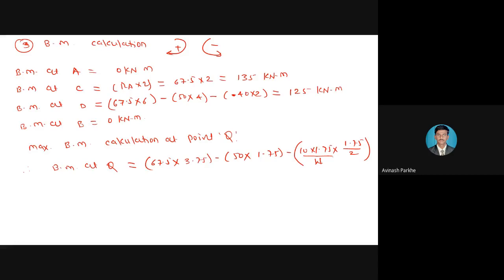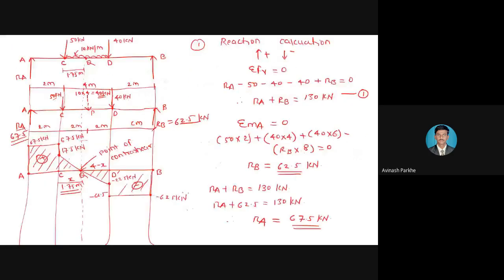Because whenever this small UDL is converted into the point load, you can see in the figure, जसं हे मोठं UDL 4 मीटरच्या 2 मीटर इकडे 2 मीटर इकडे जसं ऍक्ट झालं होतं, तसं हे स्मॉल UDLचं पण आपण पॉईंट लोड मध्ये कन्वर्ट केल्यानंतर ते बरोबर सेंटरला ऍक्ट होणार आहे, म्हणजे 1.75 डिवाइडेड बाय 2.